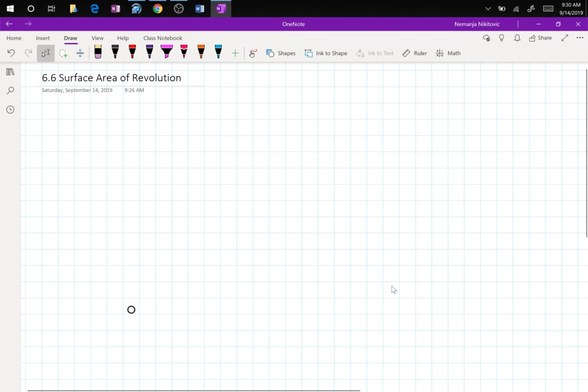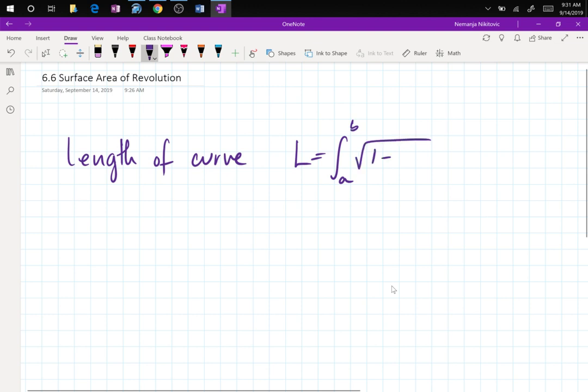Last class, which was outside, so there is no lecture for it, we said that the length of a curve is given by the integral from a to b of the square root of 1 plus f prime squared dx. That gave us the length of the curve.